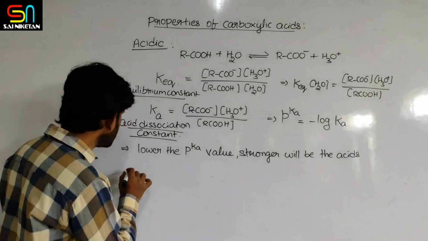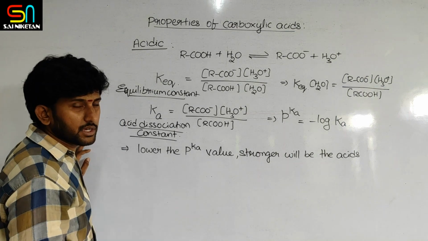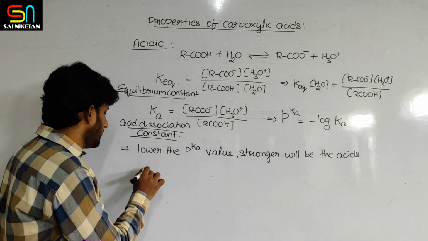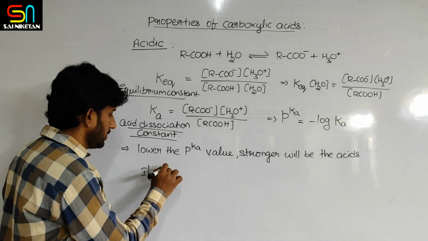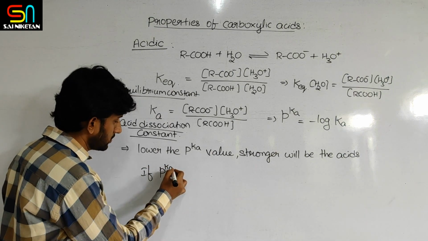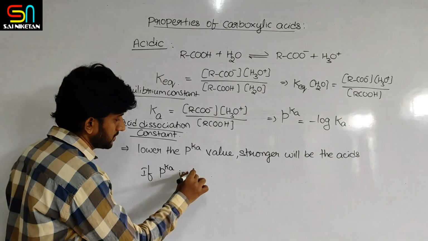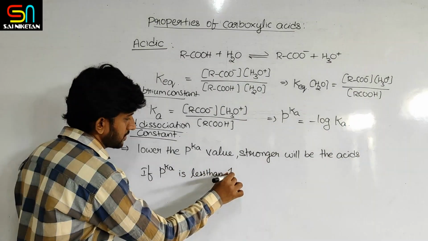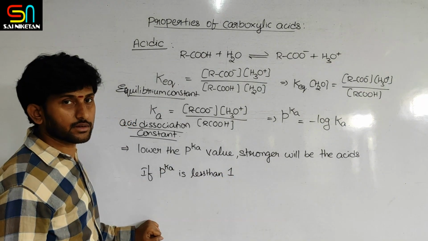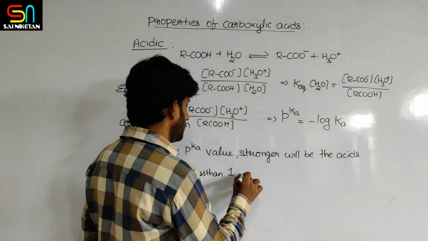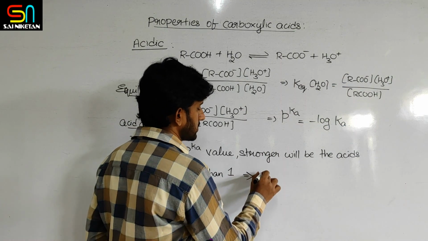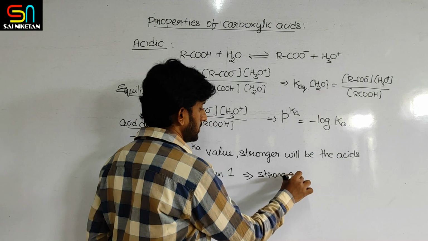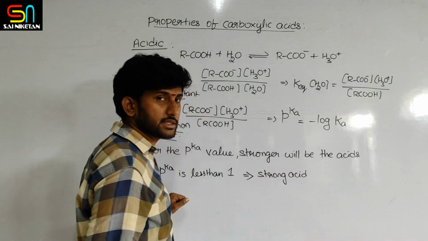Based on pKa, we categorize the acids. If the pKa value is less than 1, it is a strong acid.